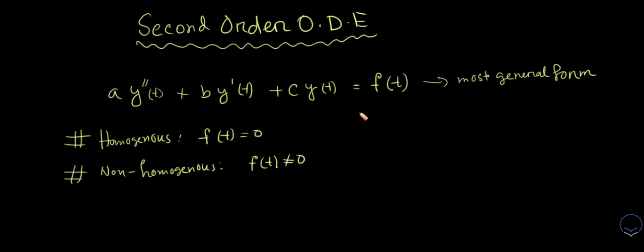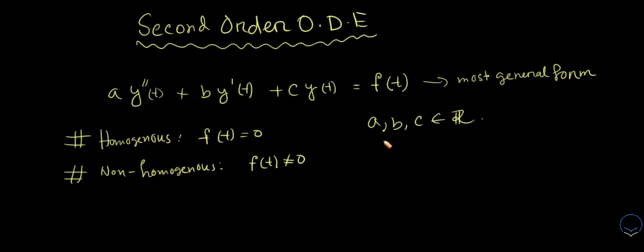And this can be even a constant number as well. It might not depend on t at all. So those will fall into the category of non-homogeneous equations. And if your f of t is 0, then that's a homogeneous equation. So first we would like to deal with this homogeneous equation, and then we'll focus on non-homogeneous equations. And also I would like to emphasize that a, b, c belong to the set of real numbers.